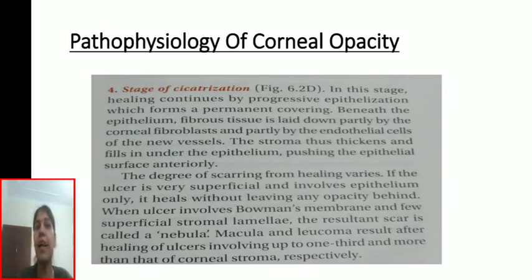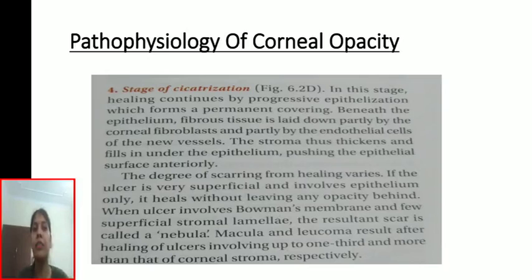If the ulcer is very superficial and involves only the epithelium layer of the cornea, it heals without leaving any opacity behind. When the ulcer involves Bowman's membrane and a few superficial stromal lamellae, the resultant scar is called a nebula, and macula and leucoma result after the healing of ulcers involving up to 1/3 and more than that of the corneal stroma, respectively.